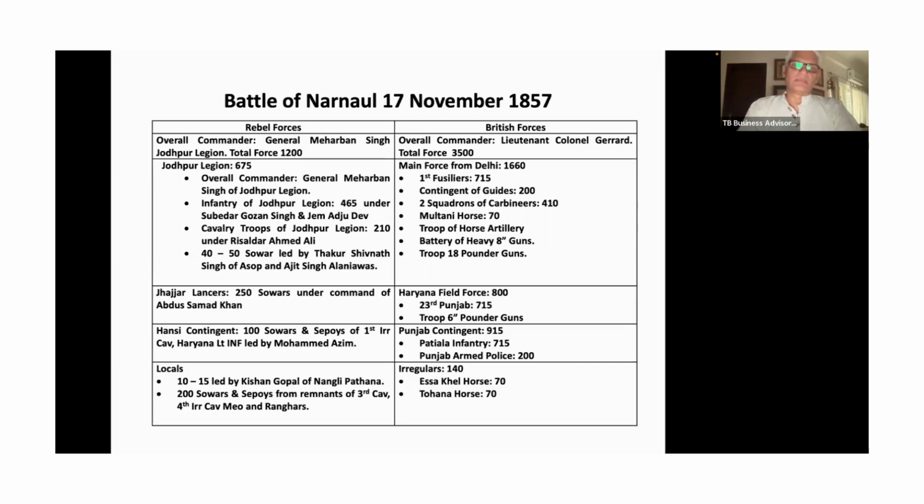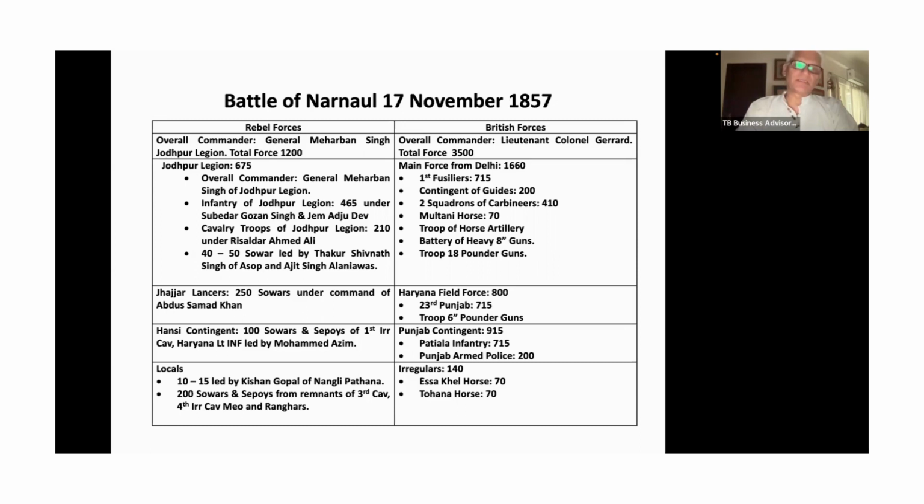Hence, the battle for the rebels was more or less over in and around Delhi by middle of October 1857. However, at this time, Abdul Samad Khan refused to surrender, and he, with his group, moved south to join up with the Jodhpur Legion. Now, before we go forward, let me say something about the Jodhpur Legion.